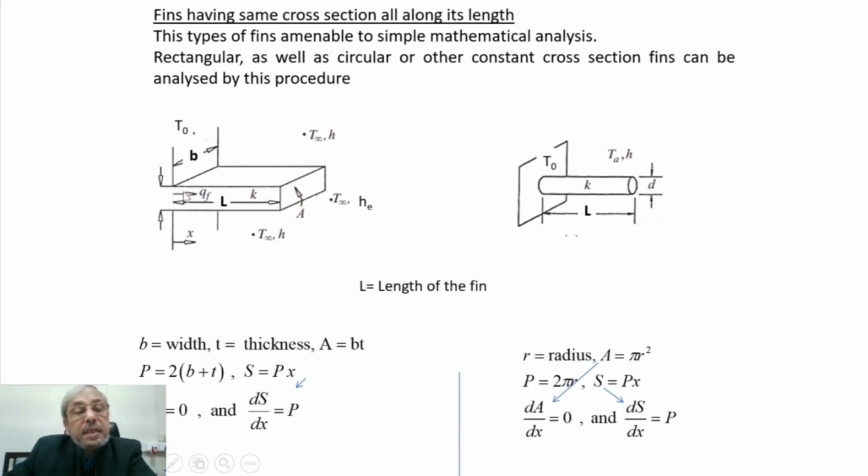So the base will be cooled, the base temperature will come down if continuous energy transfer takes place, because energy is continuously taken away by the ambient fluid.